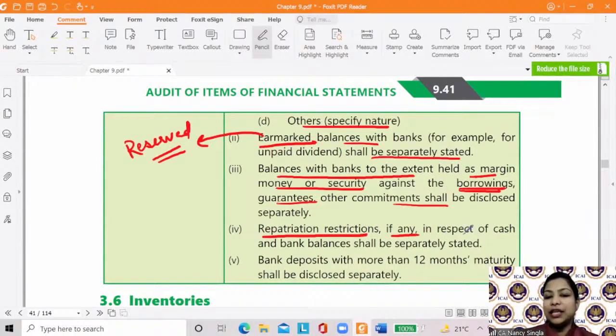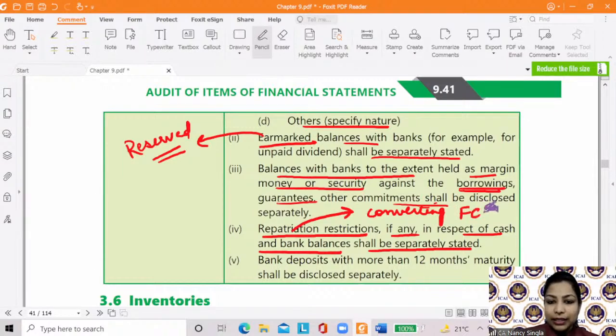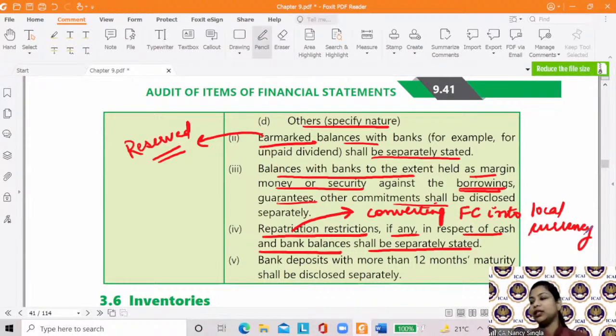Repatriation restrictions, if any, in respect of cash and bank balance shall be separately stated. What is repatriation restrictions? See, when you are converting foreign currency into local currency, ठीक है, there might be, repatriation is what, converting the foreign currency into local currency, so there might be certain restriction, ठीक है.